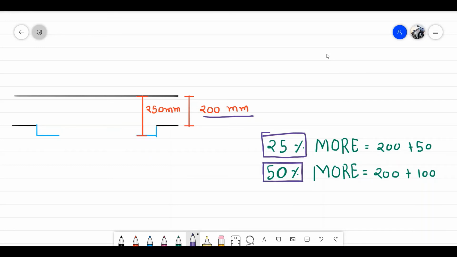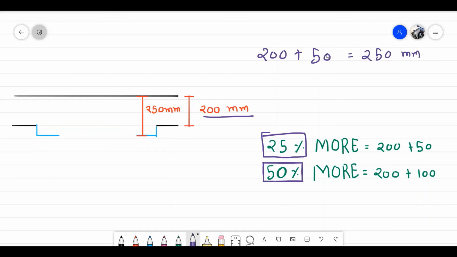Suppose 200 mm is the slab thickness. 25% of 200 is 50 mm, so 200 plus 50 is equal to 250 mm.